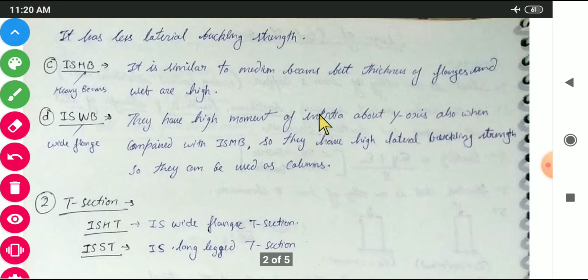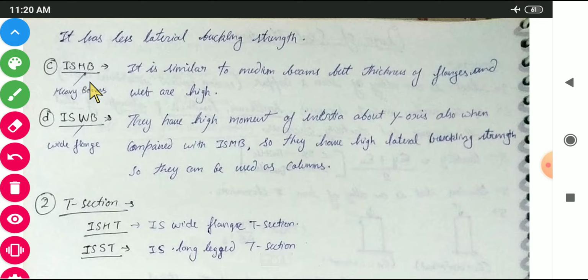Next is ISHB. It is similar to medium beams, but thickness of flanges and web are high. HB here represents heavy beams. Next is ISWB. WB represents wide flange. They have high moment of inertia about the y-axis also when compared to ISMB.